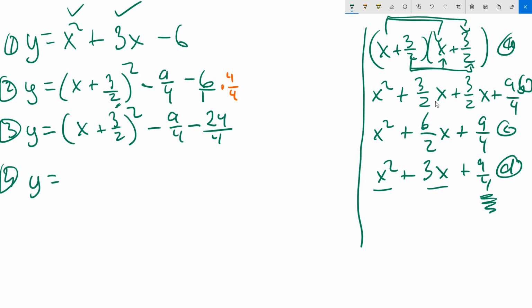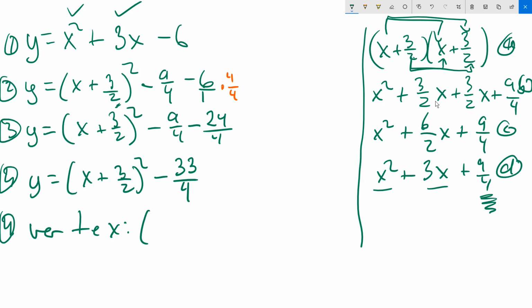I'm going to say, therefore, y equals x plus 3 halves squared minus, and then you work on the fractions. Negative 9 minus 24 is negative 33 over 4. And then lastly, to write the vertex of the parabola, once you have it in this form right here, that's the appropriate form for recognizing the vertex. You take x plus 3 halves and you take the opposite of what you see.